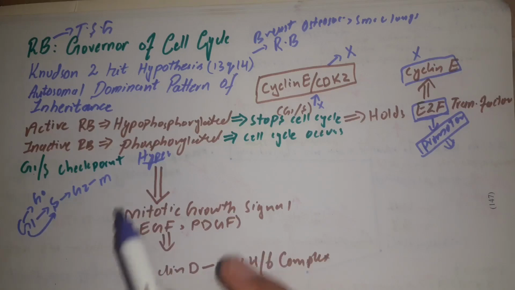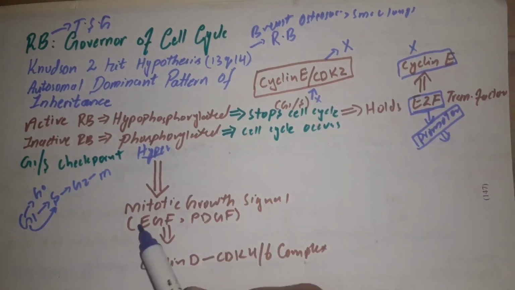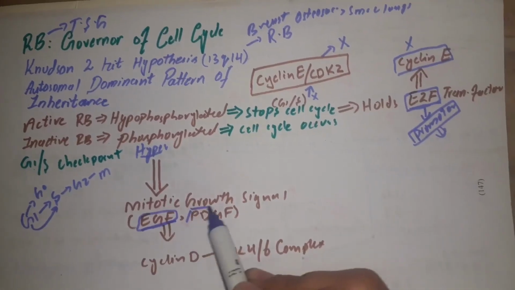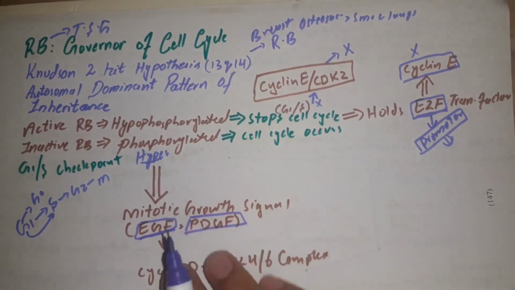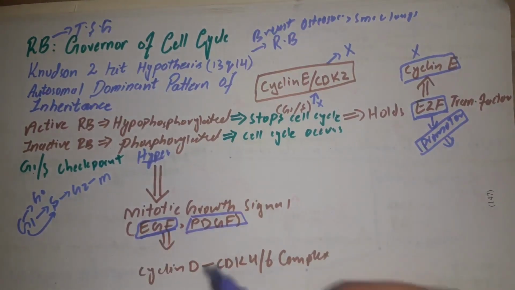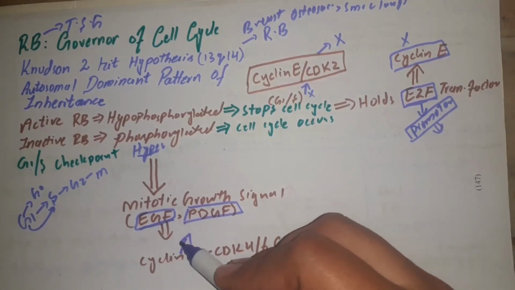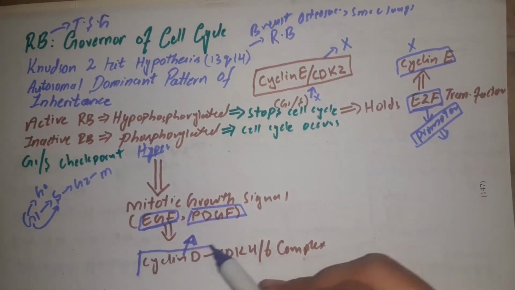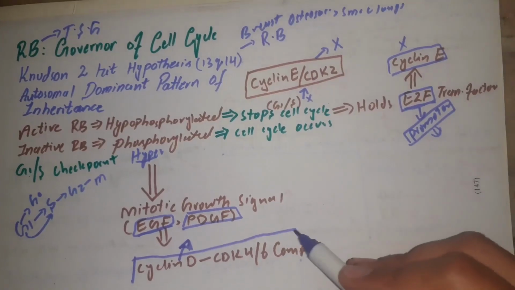So it becomes inactive when there are growth signals, when there are growth signals which want the cell to divide. This growth signal can be in the form of epidermal growth factor as well as platelet-derived growth factor, which are called mitotic growth signals. When a cell receives these signals, what happens? There is upregulation of cyclin D, and when cyclin D is upregulated, it leads to the formation of the cyclin D and cyclin dependent kinase 4 and 6 complex.